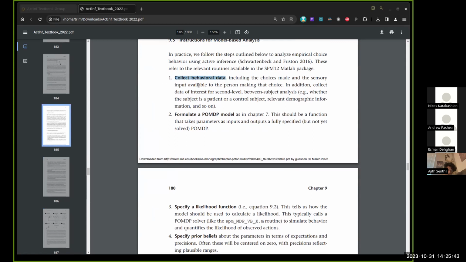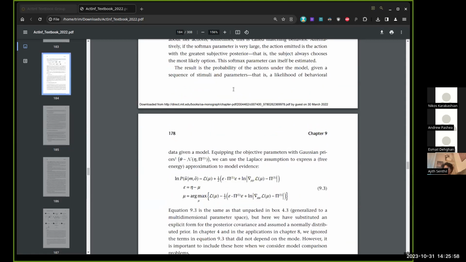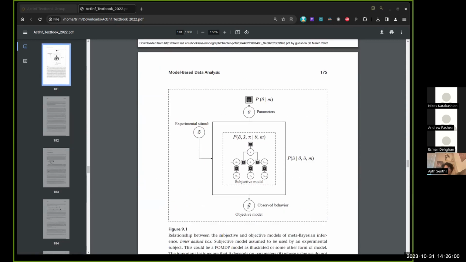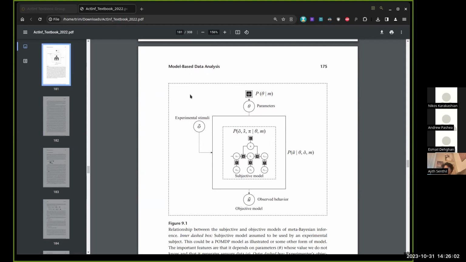Again, just like chapter 6, this is more like stuff that has to be done, not really a list that must be done in order. However, at the very least, you'd want to know what sensory input is available to the subject and what data you're getting out.